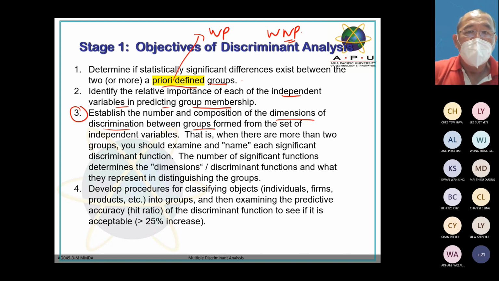When there are more than 2 groups, you should examine and name each significant discriminant function. You have 2 or 3 functions. Here also involves rotation, but later we see. We will get a few discriminant functions for us to determine which individual belongs to each group.